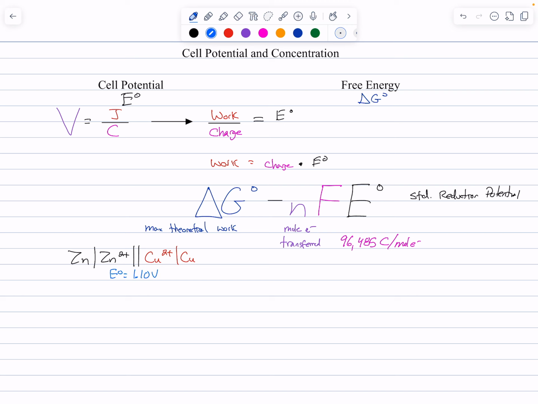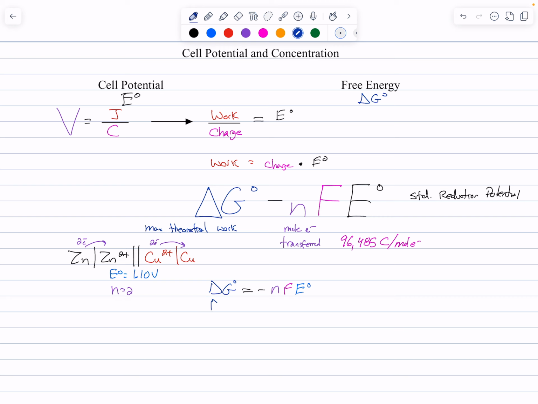And we know that there are 2 electrons here and 2 electrons there, so that means N is 2. So for this cell, delta G standard equals negative NFE standard.